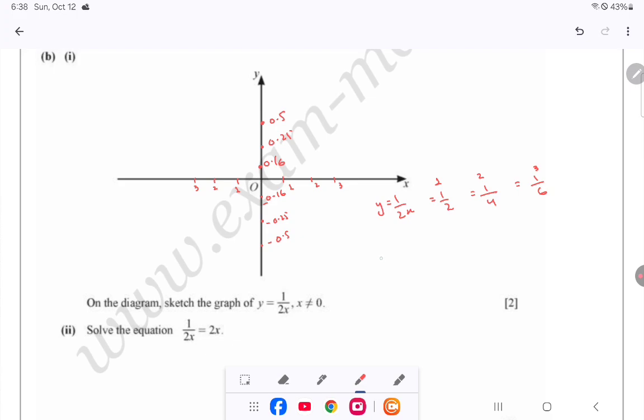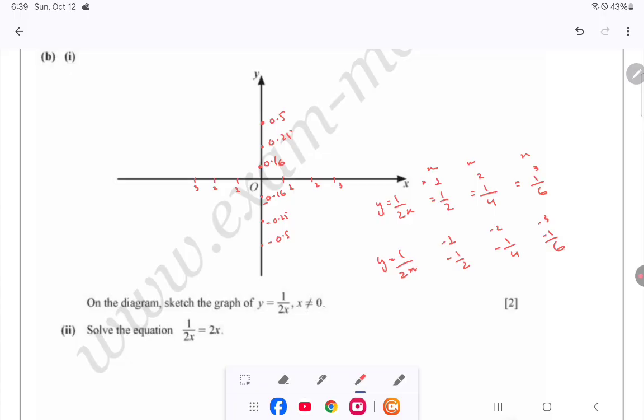For the negative values, for y is equals to 1 over 2x, for negative 1 of x, it will give you negative of half. Negative of 2, it will give you negative of 1 over 4. And for negative of 3, it will give you negative of 1 over 6.